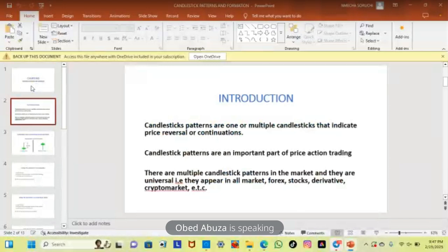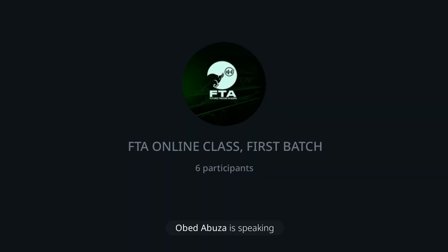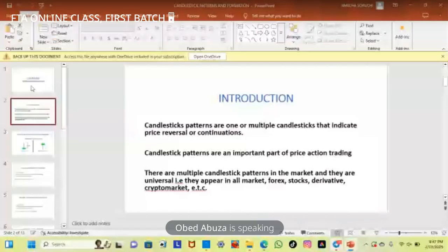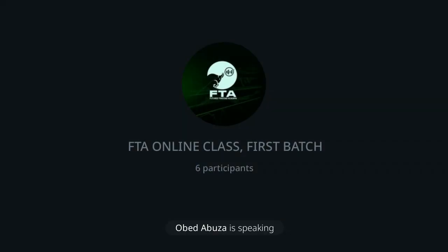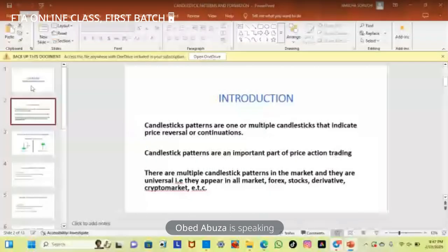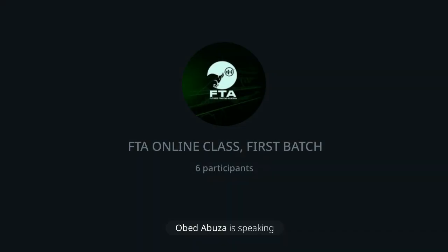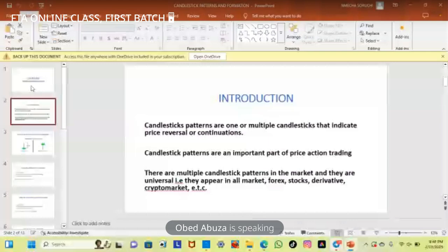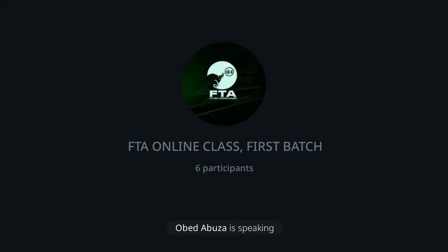I said candles show the psychology of what is going on in the market between buyers and sellers. And it is a combination of different candles that forms a what? A chart. A combination of the bullish and the bearish candles that forms a chart. So by now, when you hear the word candlestick, you should understand what we are talking about.